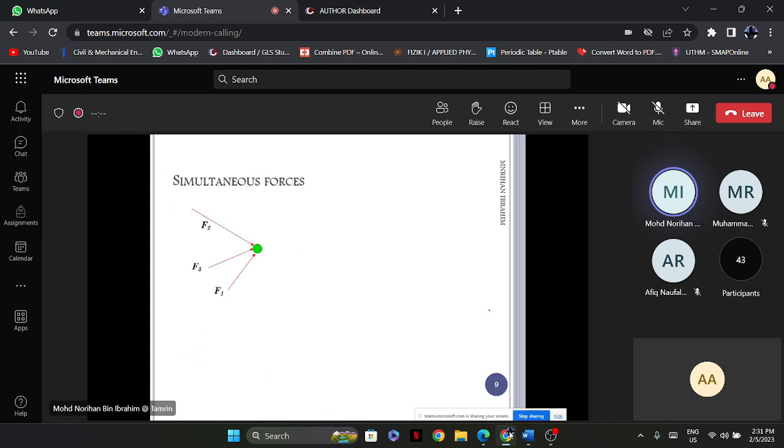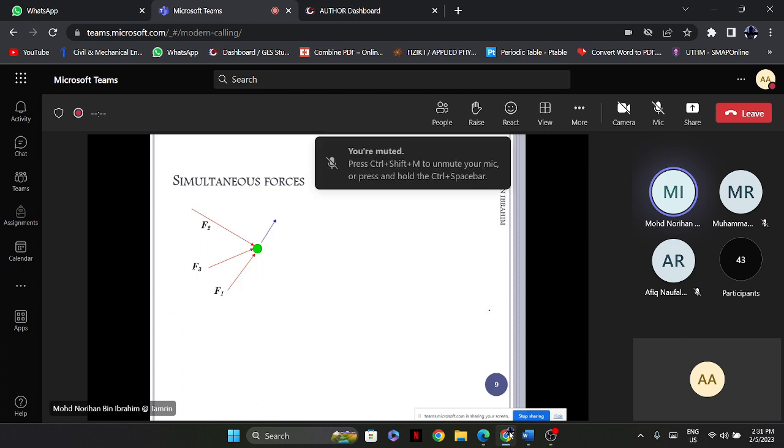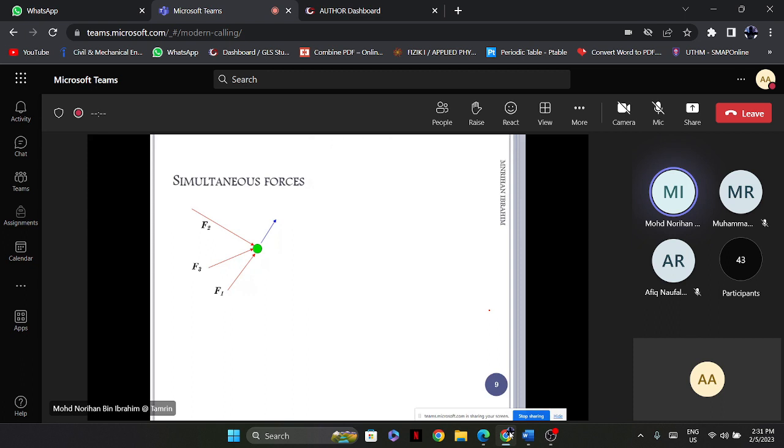So the next is simultaneous forces. Simultaneous forces are concerned with multiple forces which are acted upon a particle, the green circle representing a particle, at the same time, simultaneously.